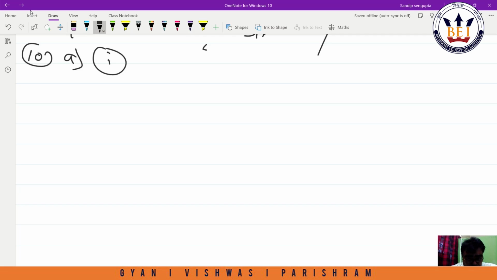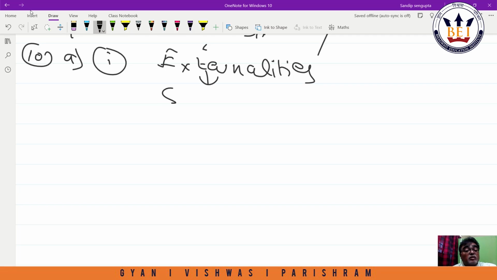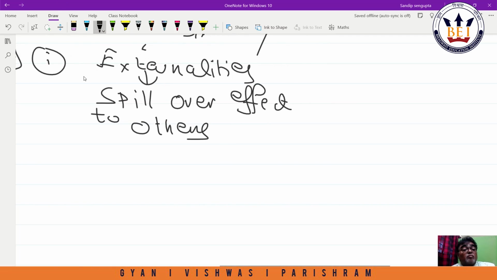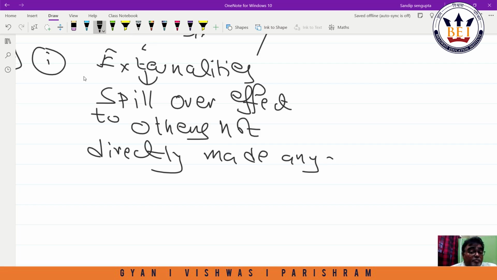So externalities is nothing but spillover effect to others, not directly made any action, but he is having the impact of this.